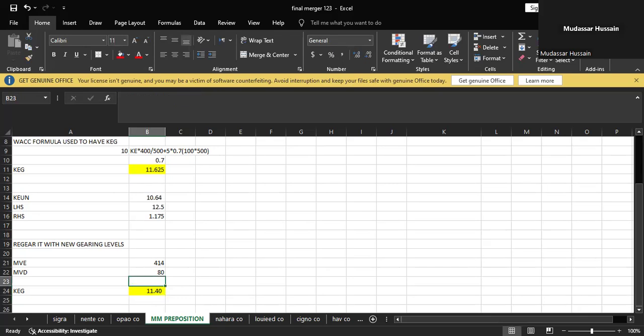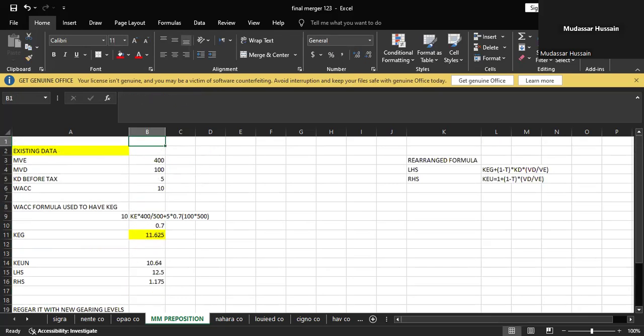So this was only a methodology which the examiner tried just to give you people an ease. Now you can see we can solve this ungeared cost of equity just in 2 steps. Just create the left-hand side and the right-hand side, just put on the figures and we can solve in a very easy way.